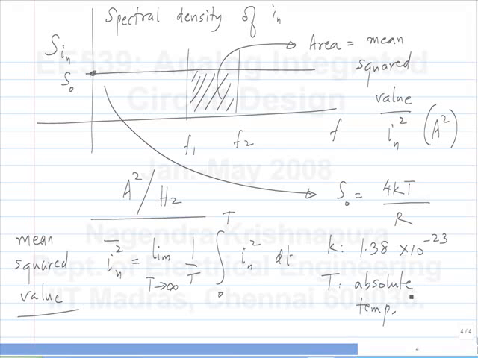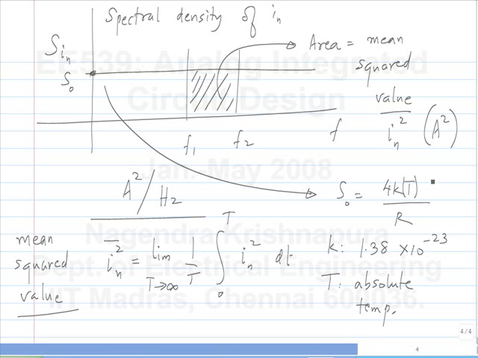So in fact, for extremely noise sensitive circuits, you will have the whole thing in a refrigerator or in a liquid nitrogen tank. So if you see all the circuits that are made for detection of signals from radio astronomy sources and so on, you will have those things in some cooled cylinder of liquid nitrogen, so that the temperature goes down to low values. So brute force, you reduce this and hence reduce the noise.